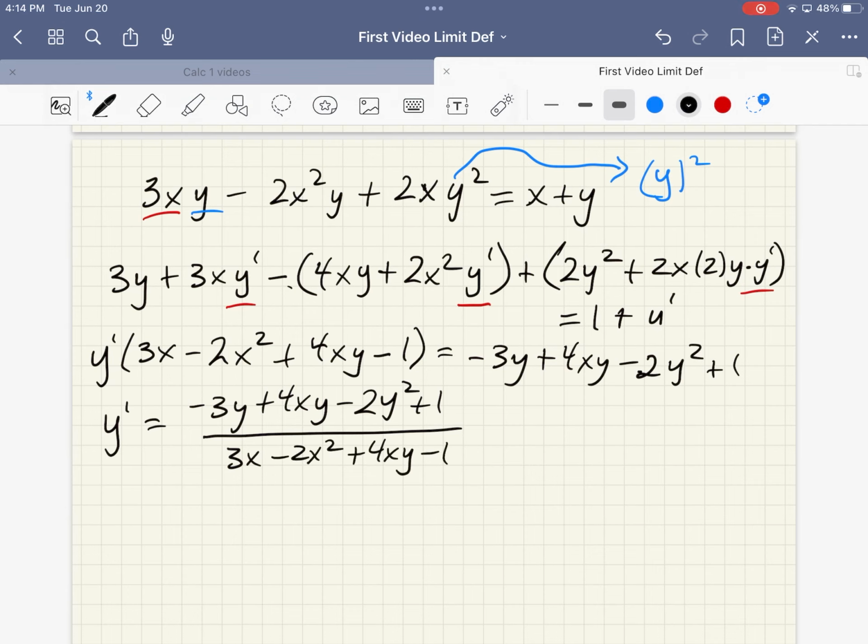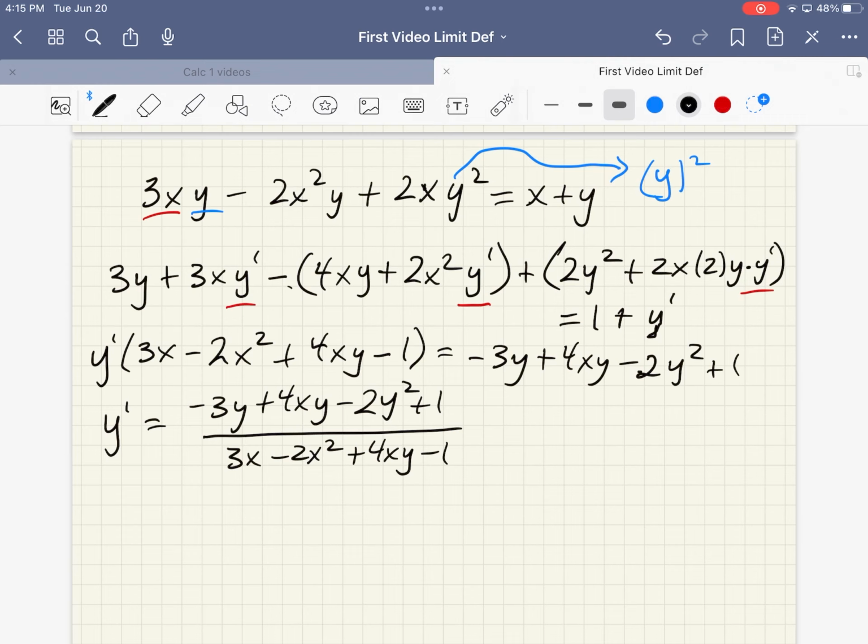Now I do want to note something here real quickly, that if instead of moving all the y primes to the left, you moved them to the right, which is, by the way, fine to do, then you would have had the exact same answer, except every sign would be the opposite. But that's like multiplying by -1 over -1, and so you get the same answer.